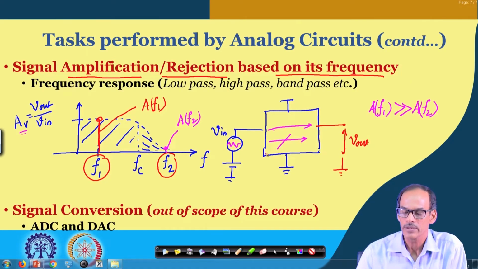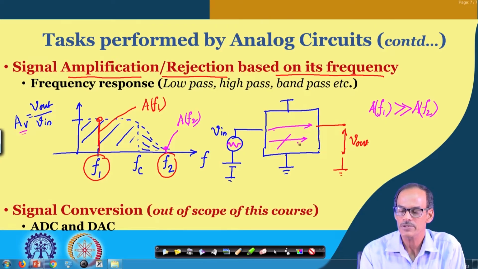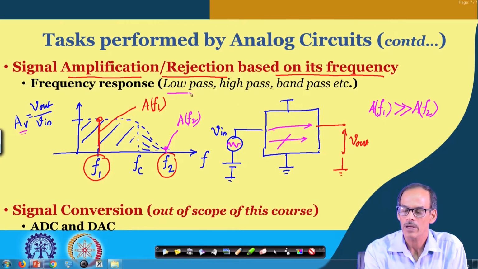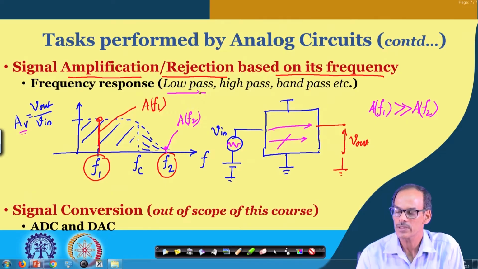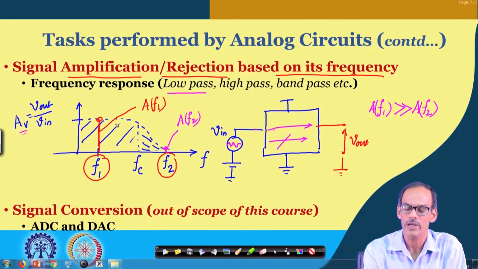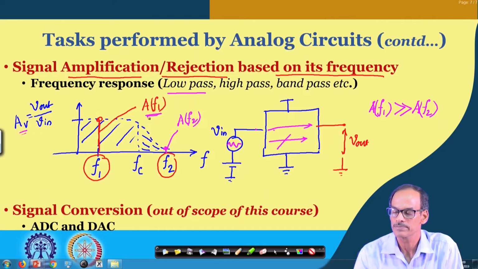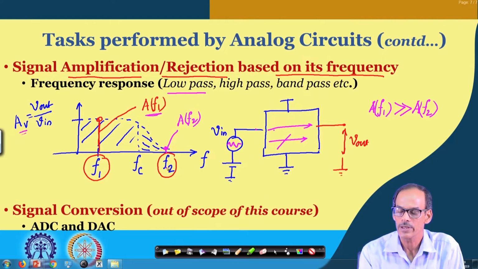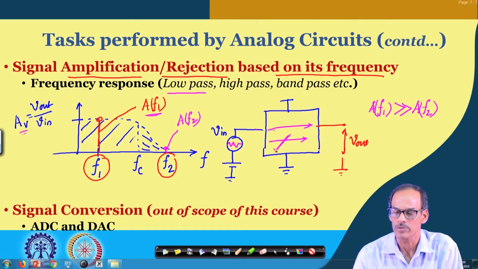So, you may say that this circuit has a special feature called low pass, which means that it allows low frequency signals from the input to the output. Not only is it allowing, it may be having very good gain, much higher than 1, while the higher frequency component gets attenuated or removed.